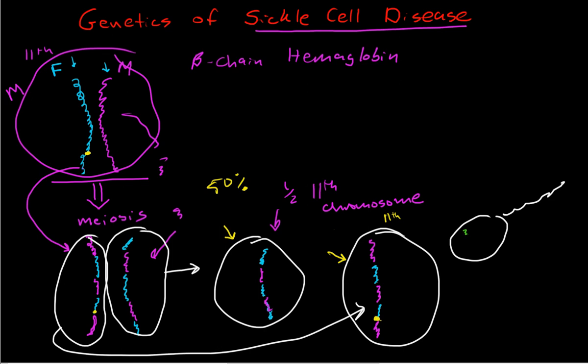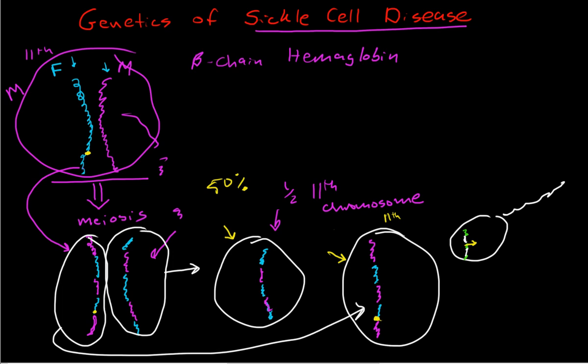Let's change the colors here. We've also got a piece of DNA, one half of the 11th chromosome, and imagine that this part of the chromosome contains the mutation for the sickle cell trait.